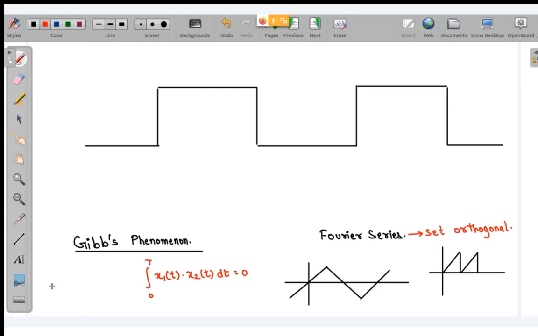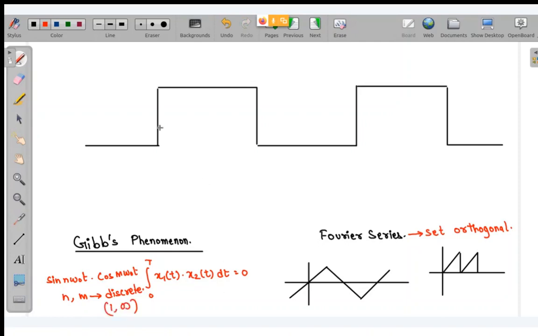One such set of orthogonal signals is sine n omega naught t, cos m omega naught t, for discrete values of n and m, from 1 to infinity.